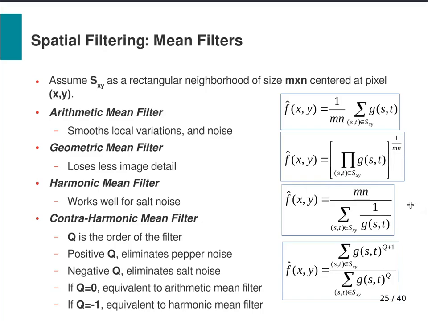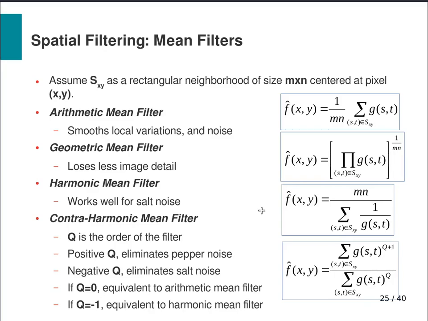And finally we have the contra-harmonic mean filter, in which the new value for the center pixel is the sum of the intensity values to the power q plus 1, divided by the sum of intensity values to the power q.